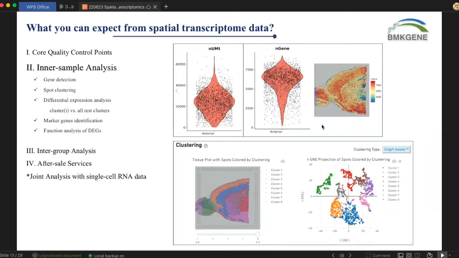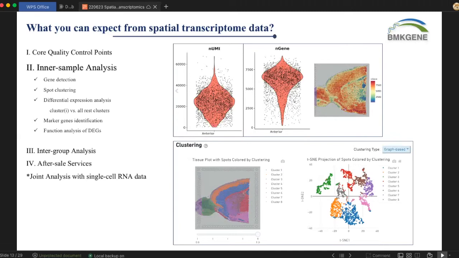The number of UMIs indicates the number of mRNA molecules we recovered from each single spot, and the number of genes, as mentioned, is a little bit different from the UMI because one gene can have many mRNA molecules expressed. Here we can also have a heat map on this HE image, which gives us a rough idea of where it is more active or more stable in terms of the RNA expression.